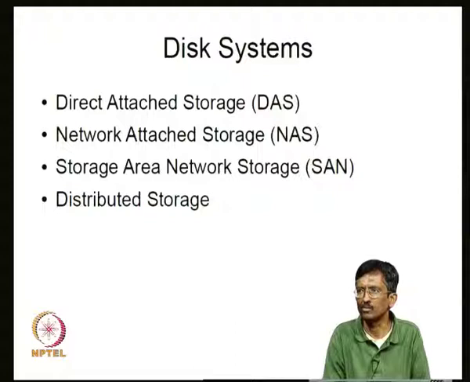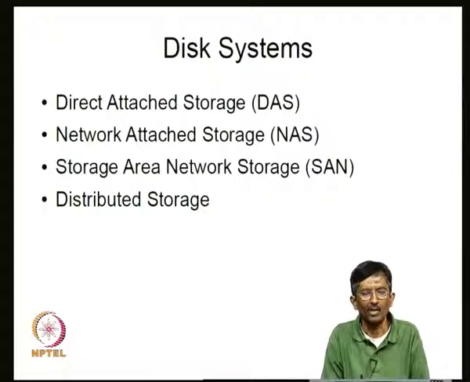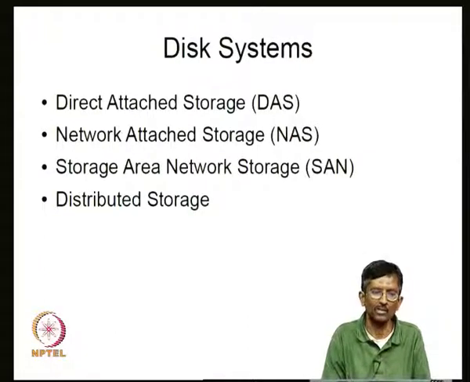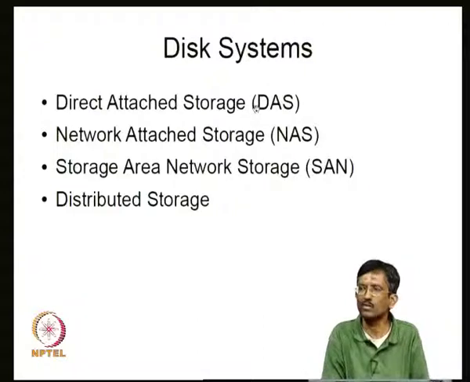If you want to put more than that, you need some additional hardware, because usually space is not available and you might need what is called external enclosures. So, basically direct attached storage means the storage is more or less connected electrically through some buses and it is very near the CPU itself.